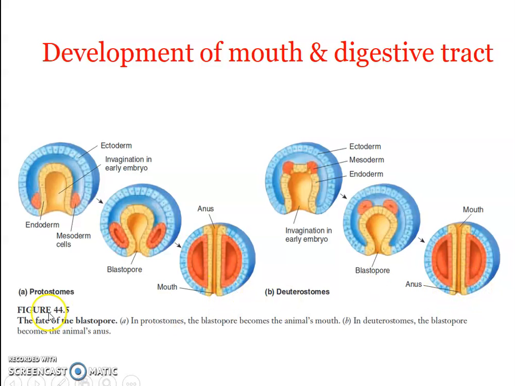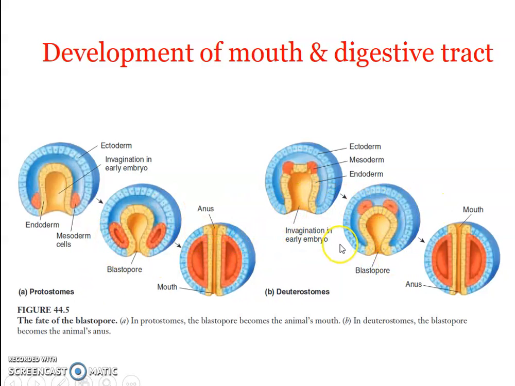Clear? Now, what are the other differences between protostome and deuterostome? If we compare these two, we can see a very specific differentiation.